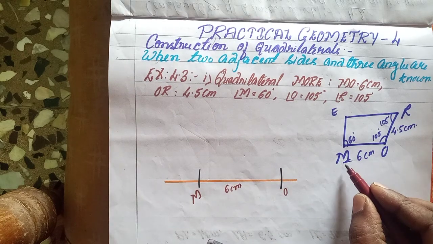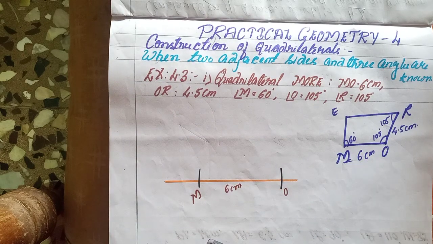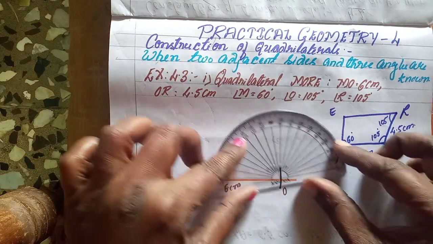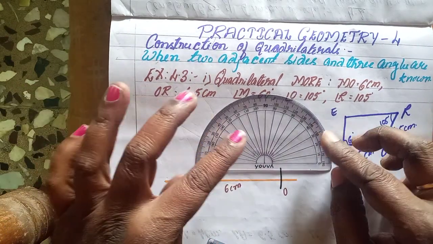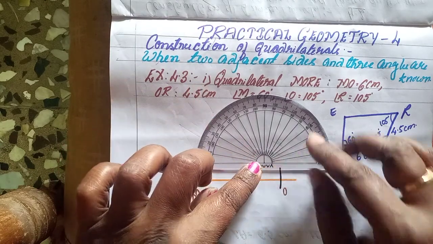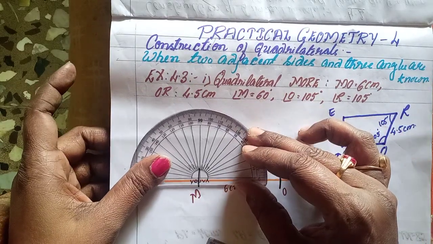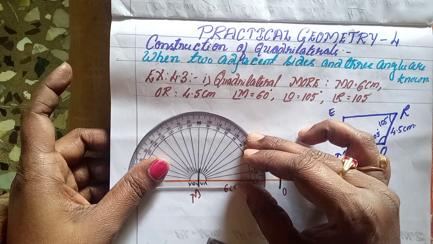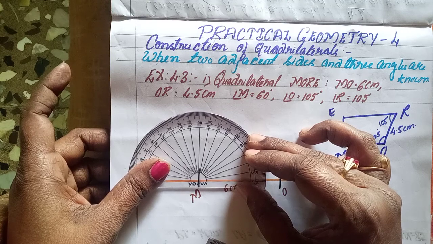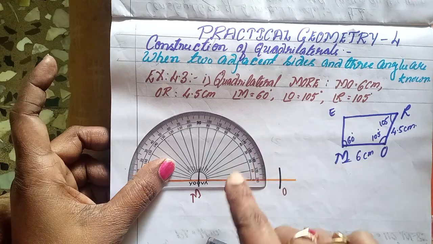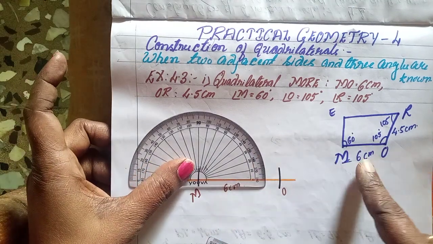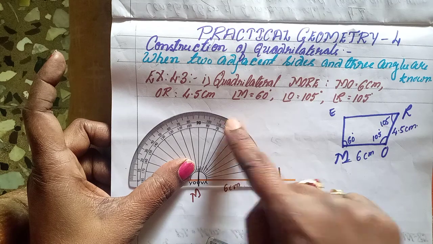And angle M is given, that is 60 degree. We have to construct the angle with the help of the protractor. We know how to construct the angle. Coincide the center point with the point exactly and the line should pass over the point like this. Are you getting? Now measure from right to left.